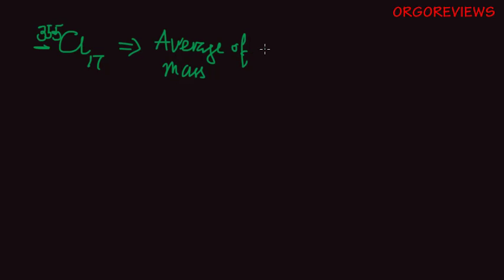Now, since we've looked at isotopes, we wanted to calculate the relative atomic mass of atoms. So if you look on the periodic table, you will see that for chlorine, the atomic mass of chlorine is about 35.5. And how do you get this 35.5? You do that because you have to find an average of all the average mass of all isotopes of that particular element.